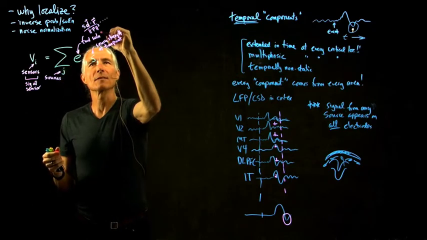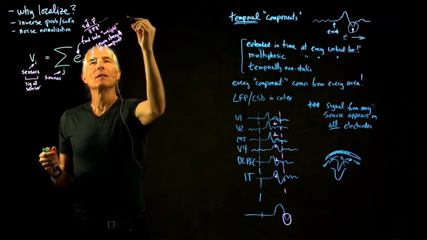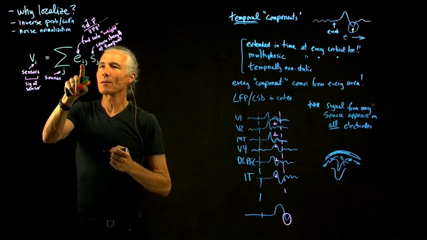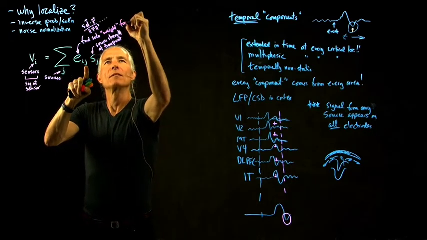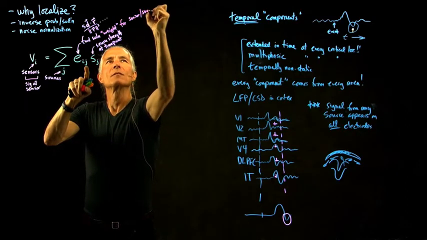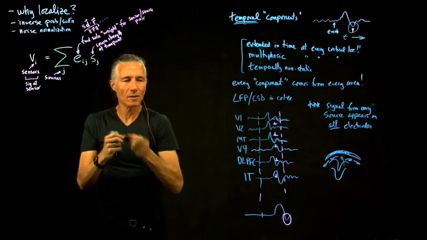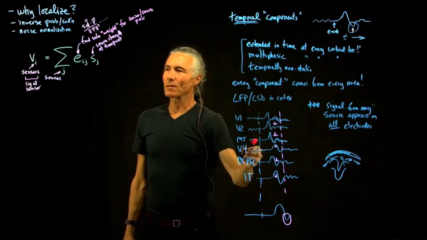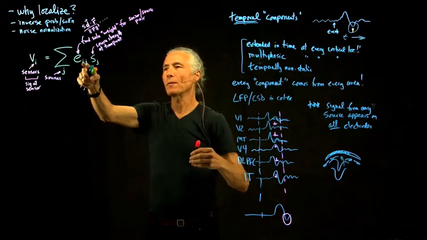So you can think of this as the weight for a particular sensor source pair. So for a particular dipole, somewhere in V4, that's a source, and for a particular electrode, wherever it is, electrode 13, there'll be one number.